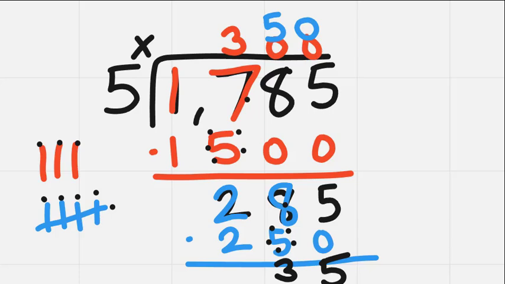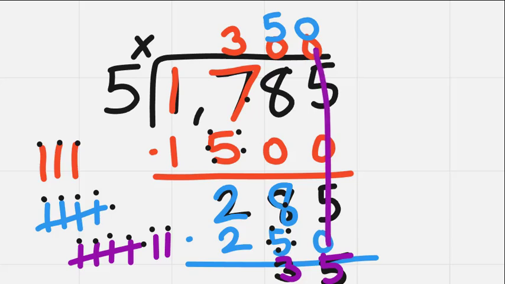So now we need to divide by the next number. We'll look at 3. 3 is too small, so we need to include the next digit, 35. Let's count by 5 until we get to 35. 5, 10, 15, 20, 25, 30, 35. We'll stop right at 35. We'll count 1, 2, 3, 4, 5, 6, 7.